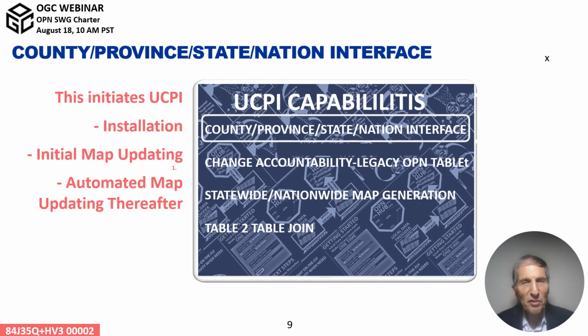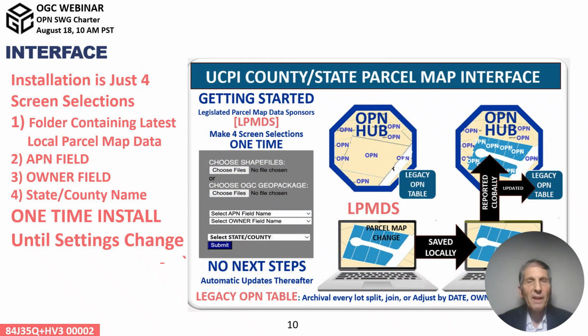Now let's walk through UCPI's capabilities, starting with the county, state, province, nation interface. This initiates UCPI's installation, initial map updating, and automated map updating. Local installation is just 4 screen selection. The file folder containing the latest data, the APN field, the owner field, and the state and county name.